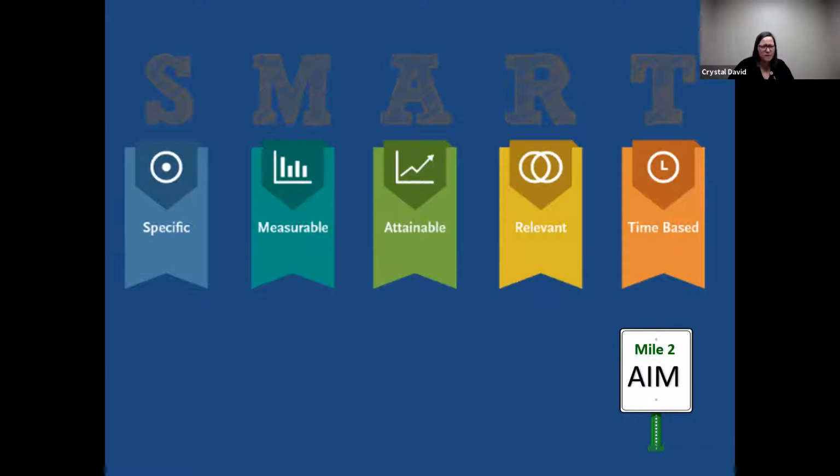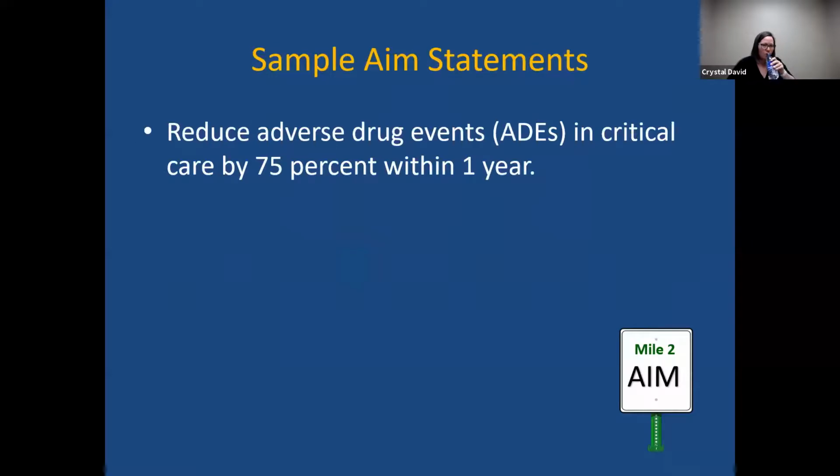So I brought in a couple of sample aim statements that we can look at today. So the first one, so they started with one of those buzzwords, reduce. What do they want to reduce? Adverse drug events in critical care by 75% within 1 year. So you can see they measured it, 75%. They put a time on it, 1 year.